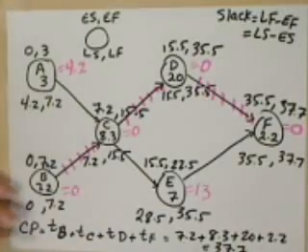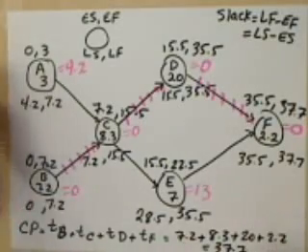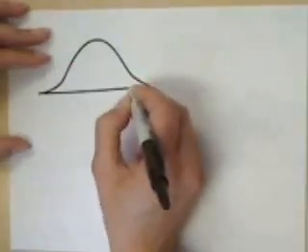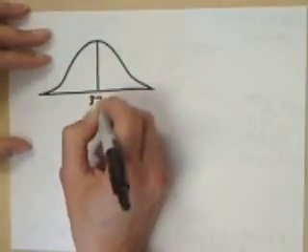Now what we're saying is that this project on the average takes 37.7, days, weeks, I can't remember now what I said, but let's say 37.7 weeks to finish. Now 37.7 weeks is the average completion time for this project.